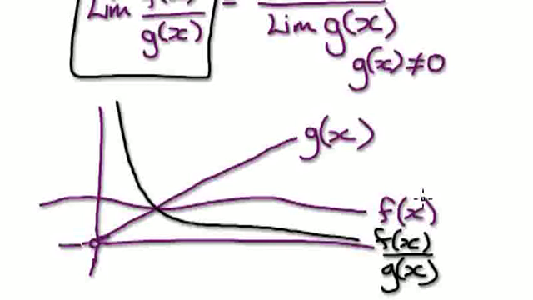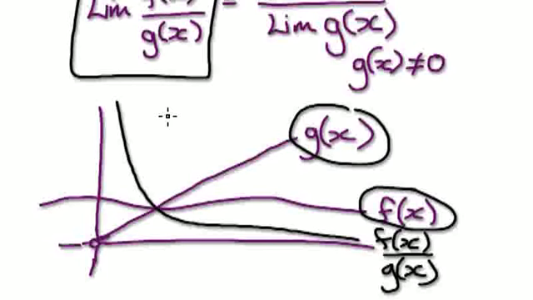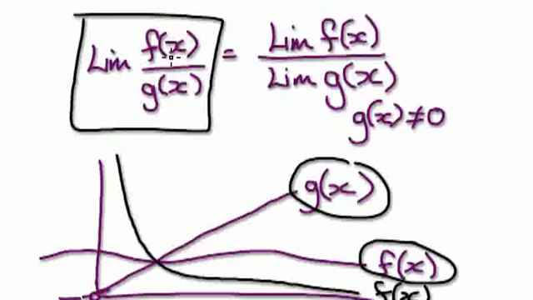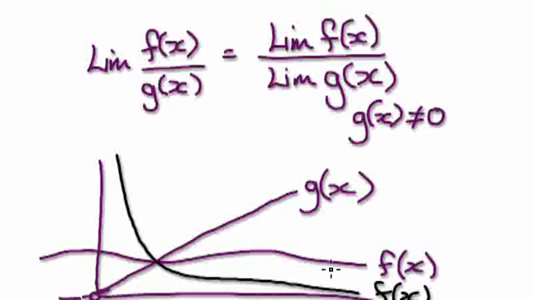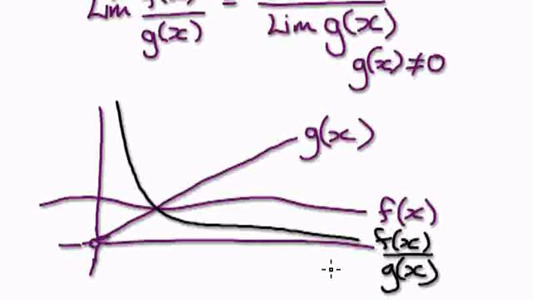Let's say you've got a function f of x here, and then you've got a function g of x. Now to create the combination of the two, remember the black line is a combination of the two. So this black line here is really f of x divided by g of x. And notice that g of x cannot be 0, so excluding the 0 here.